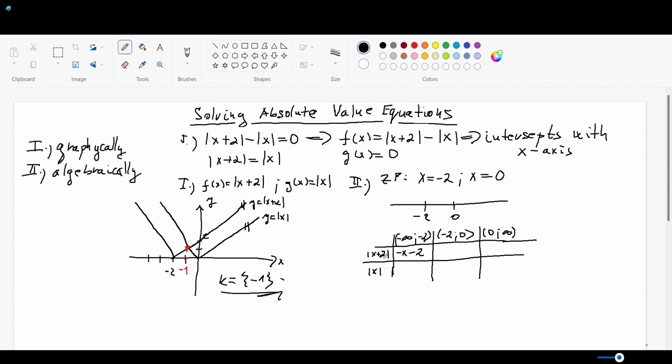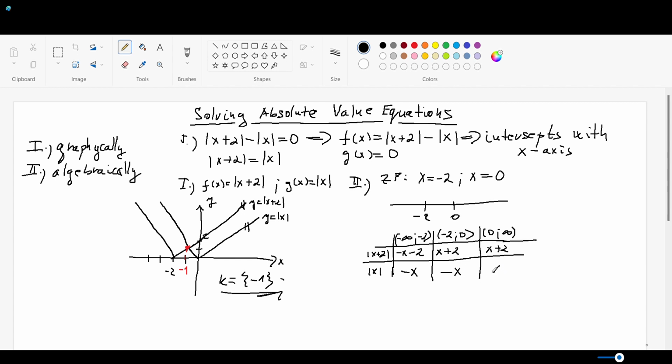Now again you take, for example, -1, and you ask yourself, -1 plus 2 is what kind of number? It's a positive number. That means the absolute value will be represented by the expression itself. Now the same applies for the last interval. You do the same procedure for the absolute value of x, and as we already know, for negative numbers it is -x.